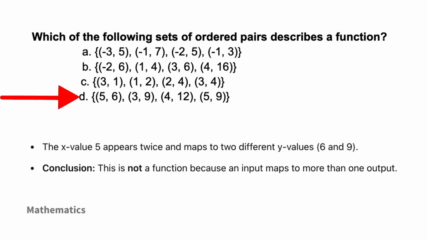Take a look at option D: (5, 6), (3, 9), (4, 12), (5, 9). The x value, 5, appears twice and maps to 2 different y values, 6 and 9. Again, the conclusion is that option D is not a function because an input maps to more than one output. Therefore, given these solutions, we know that the correct option is letter B.